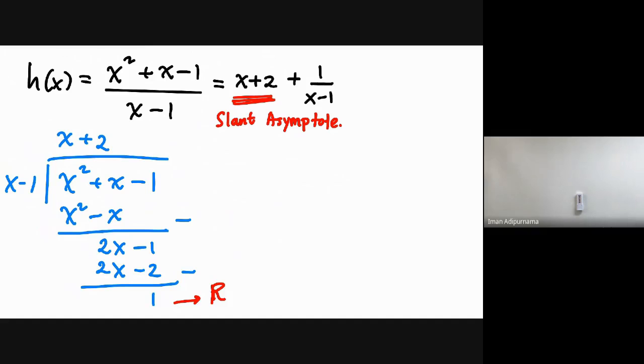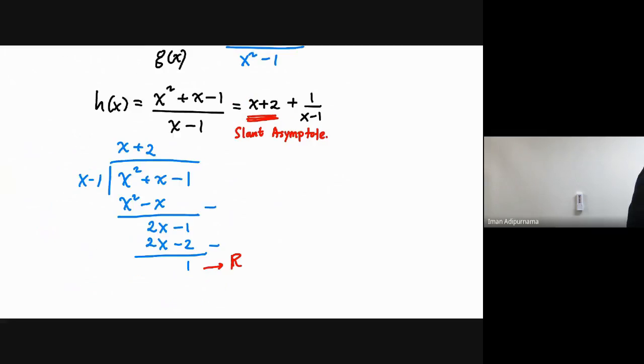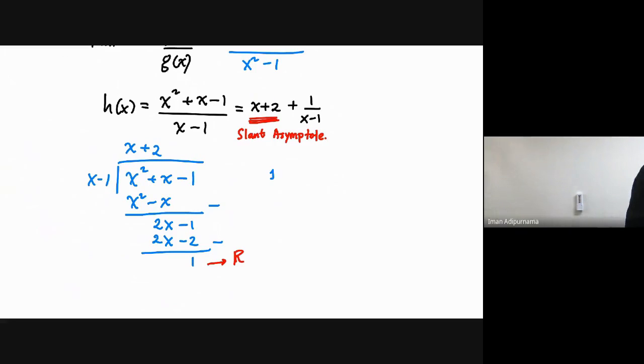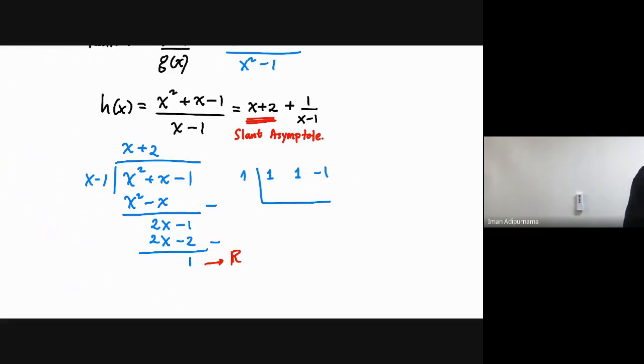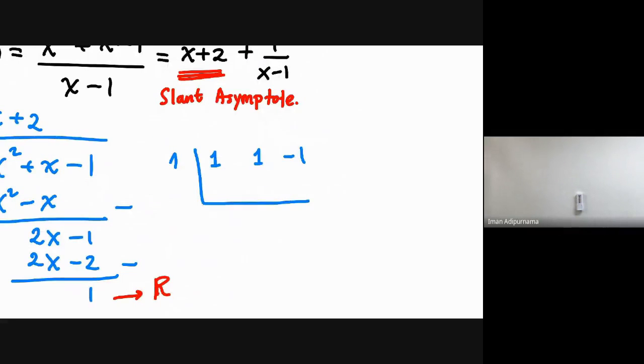And if the polynomial is getting complicated, you can also use this. I think you remember this. So divide through the... I call this synthetic division, but I think you're already familiar with it.